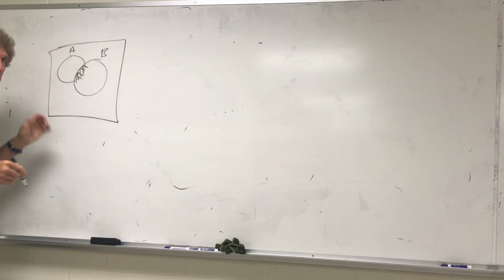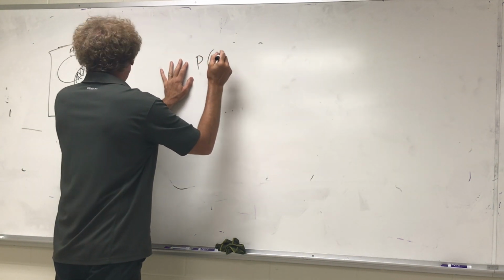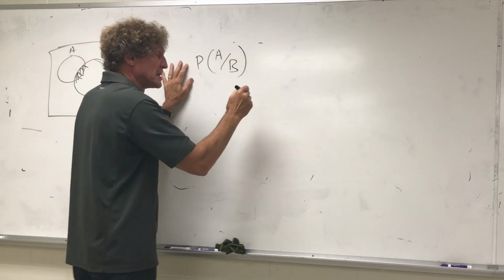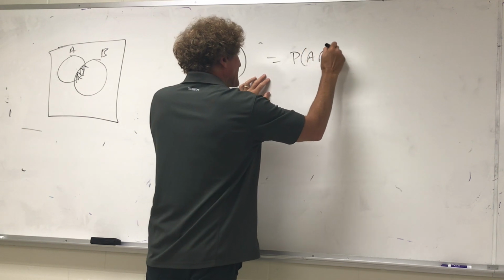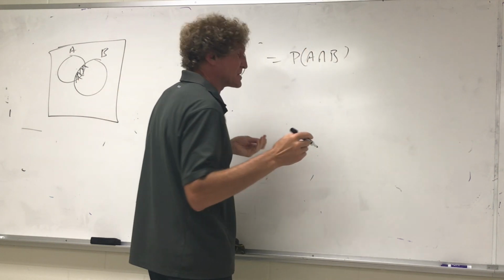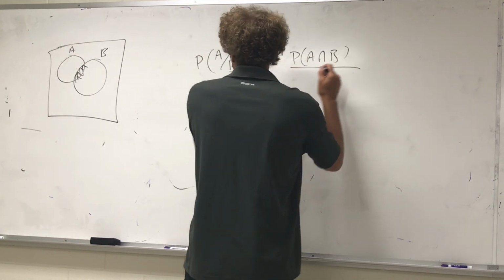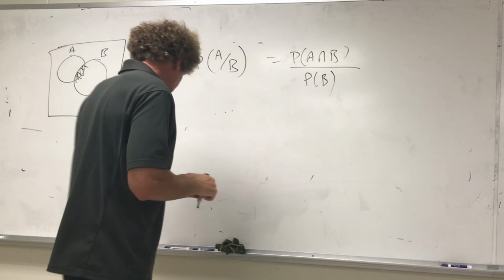The probability that A will occur given B has occurred is the probability of A intersect B, represented by that cross-hatched area, divided by the probability of B. So that's a simple way of thinking about it.